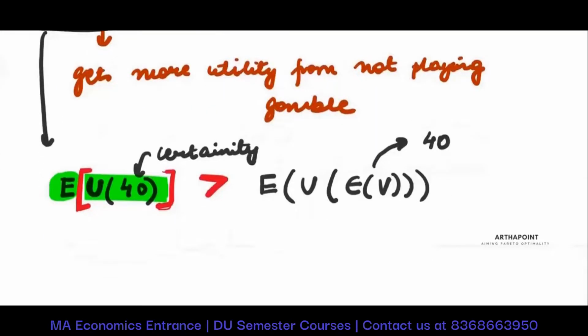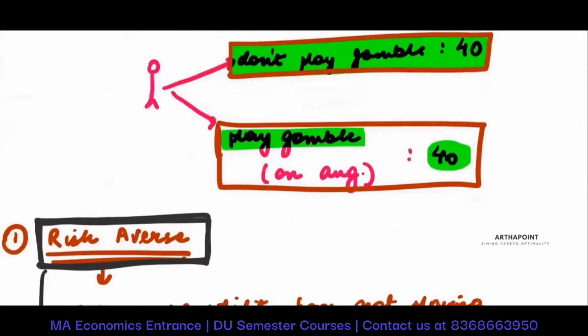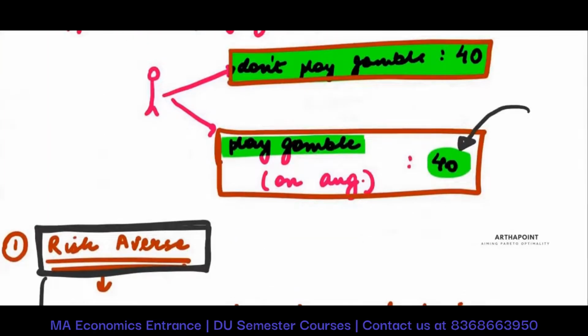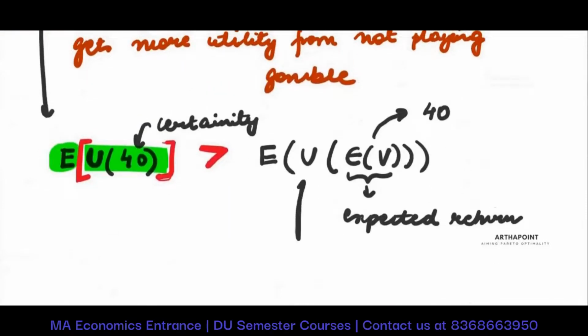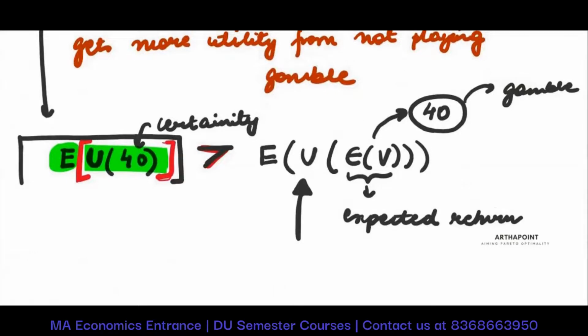Please understand, this expected value is the expected return. My expected return by playing the gamble is also 40. But the utility that I am getting from the 40 that I get after playing the gamble is less than the utility I am getting if I get this 40 with certainty.